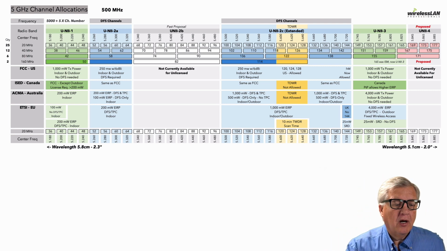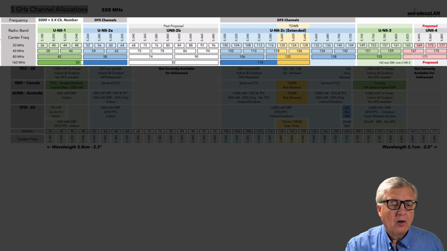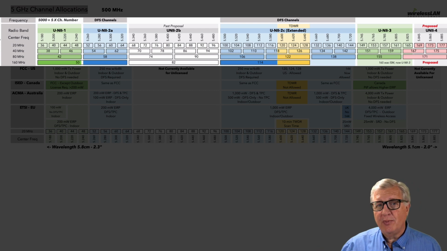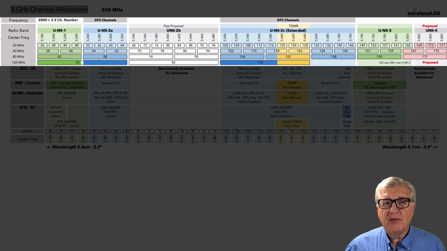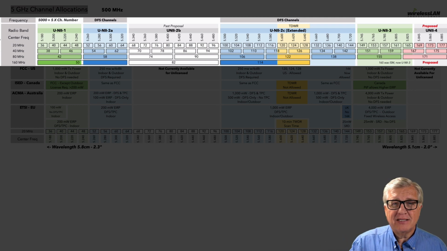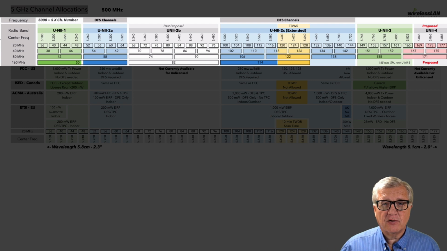So if we look over here under the frequency, we have the radio bands, and they have names: Uni 1, Uni 2, Uni 2A, 2B, 2C. There's a couple of these that we have access to and a couple that we don't. The U stands for Unlicensed National Information Infrastructure.